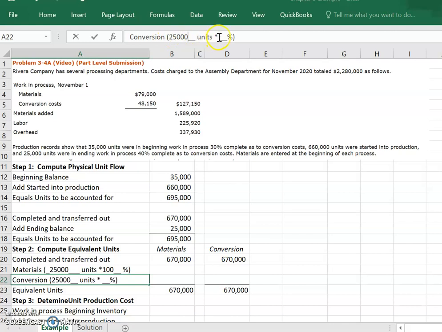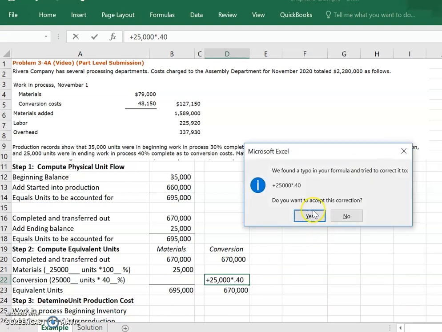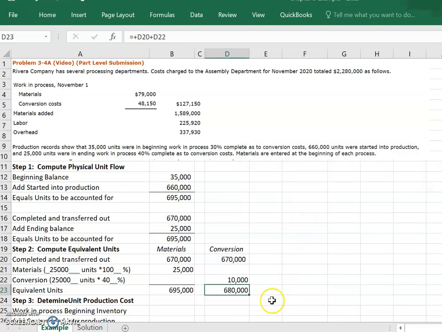Conversion are then 40%. So this is just going to be adding that 25,000, but conversion, I'm going to take that ending inventory figure, multiply that by 40%. So that will show me now my total equivalent units, which I think you needed for that first answer.